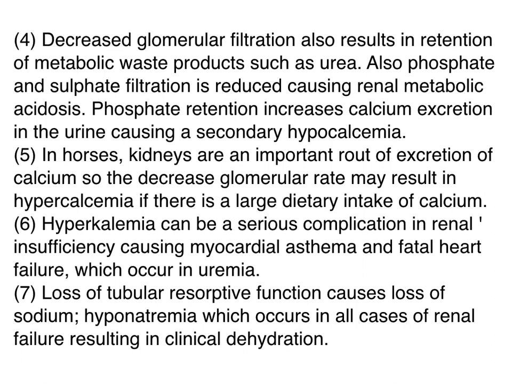In horses, the kidneys are an important route of excretion of calcium, so the decreased glomerular rate may result in hypercalcemia. The situation in horses differs if there is a large dietary intake of calcium.